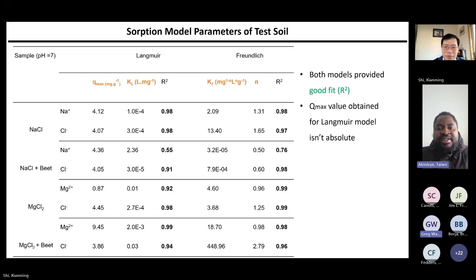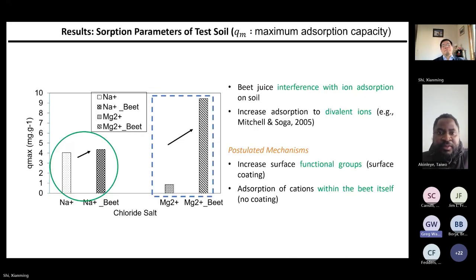Soil is quite complex and heterogeneous, so even getting a fit of about 0.76 is quite good for such a complex system. For the rest of the results, we got over 0.8, which is close to 1. So 1 basically means a very good fit between our model and our data set, a perfect fit, 1.0.